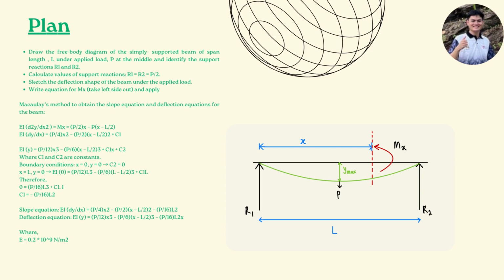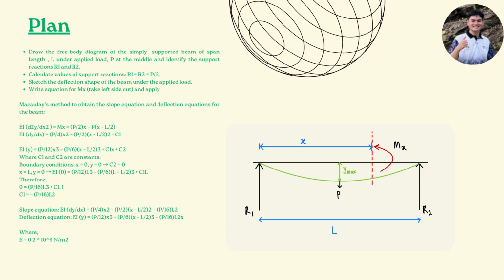Boundary conditions: x equals 0, y equals 0, so C2 equals 0. At x equals L, y equals 0. EI times 0 equals P/12 L³ minus P/6 (L minus L/2)³ plus C1 L. Therefore, 0 equals P/16 L³ plus C1 L, and C1 equals negative P/16 L².